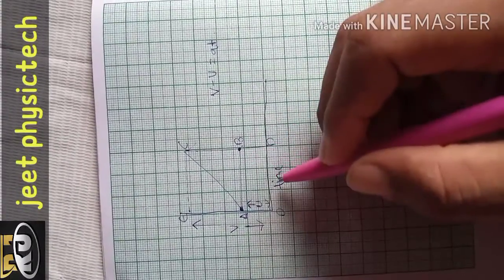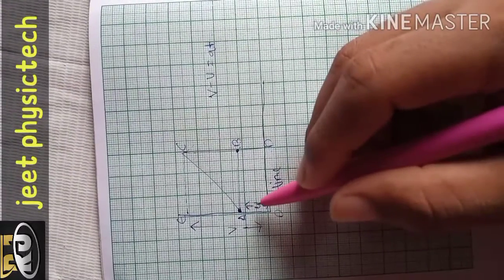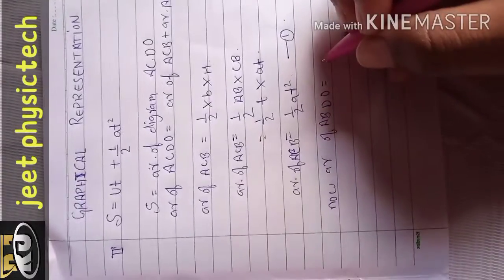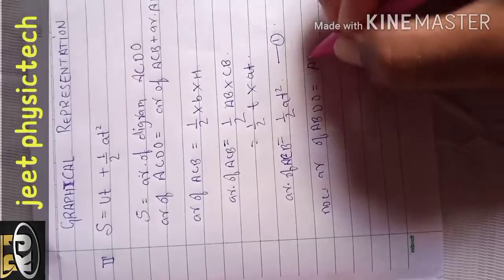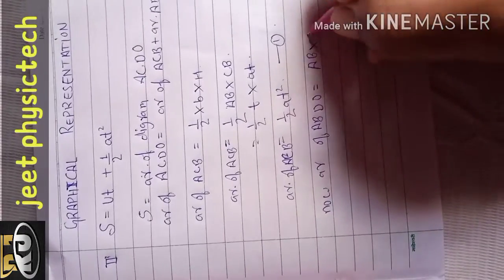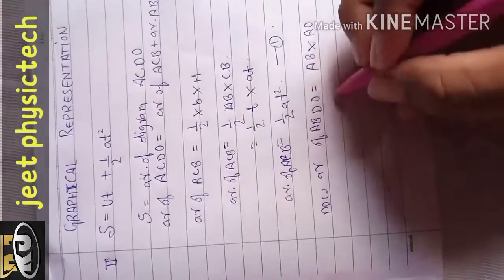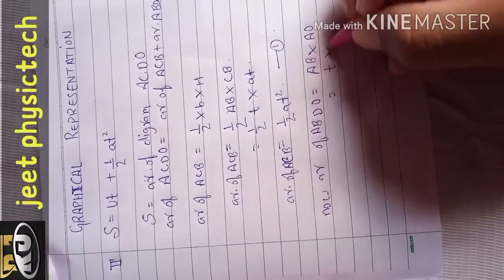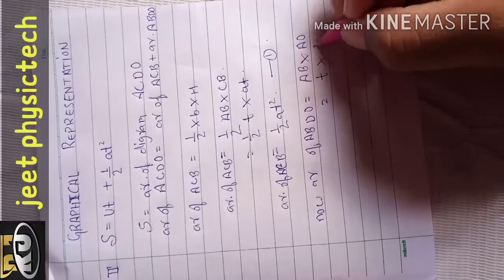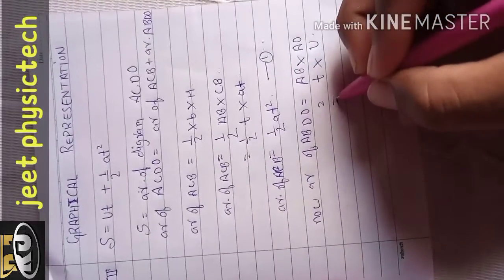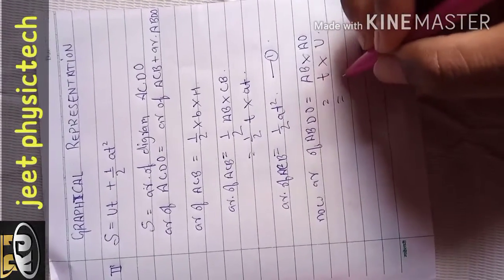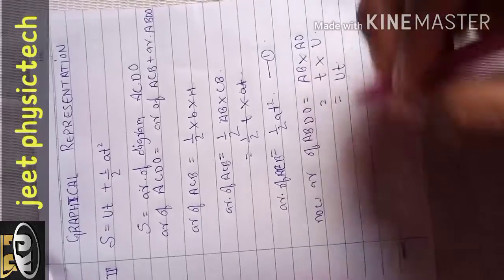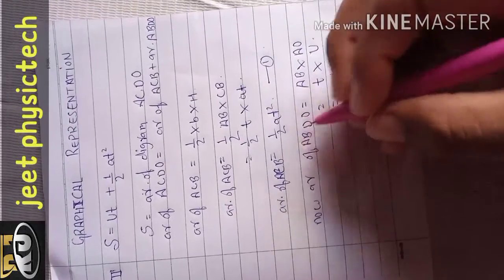AB is equal to t and AO is equal to u. So put the value t, and AO is equal to u, so put the value u. Now this is ut. The area of ABDO is equal to ut.